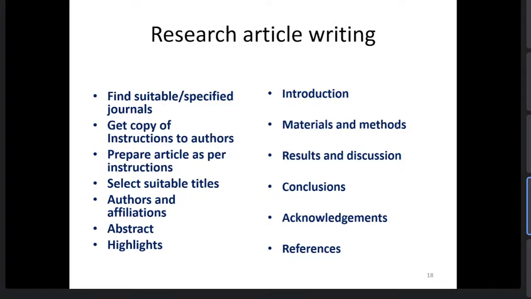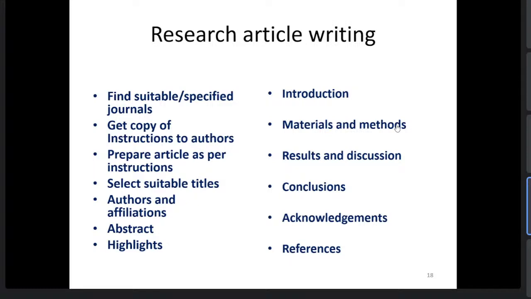Abstract will be there, authors also. We have to select a suitable title for the work that is done. Next, we have to find out the journal in which we would like to publish our work.